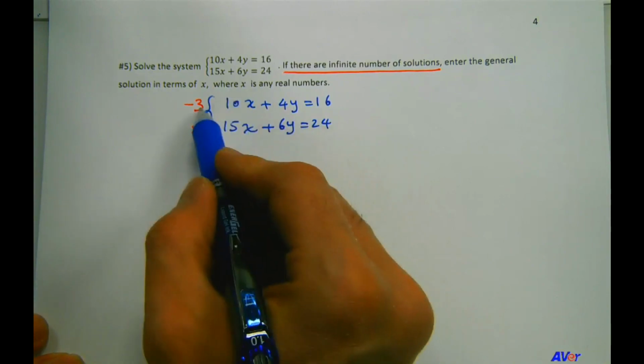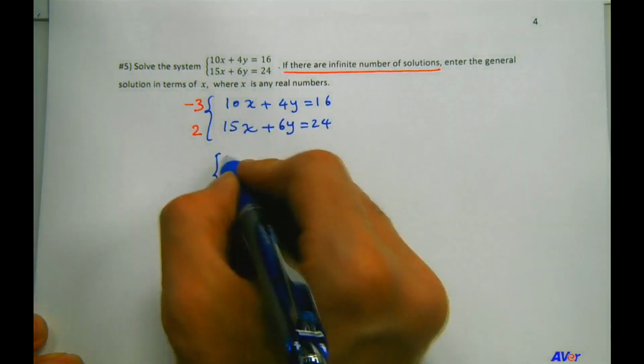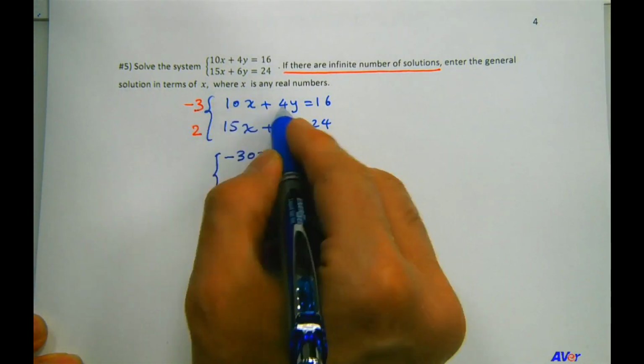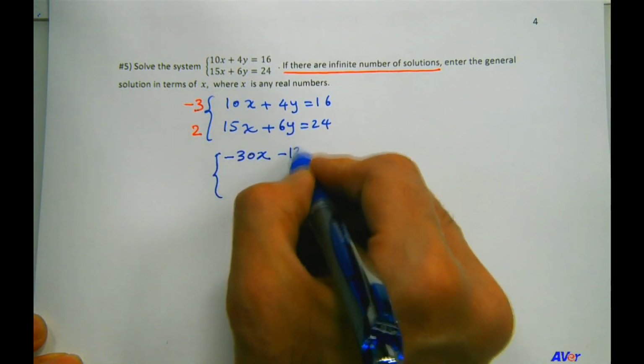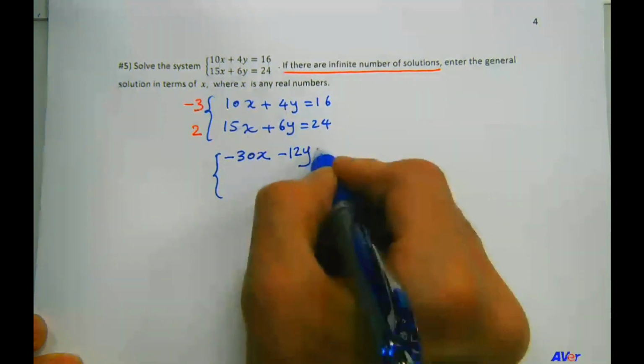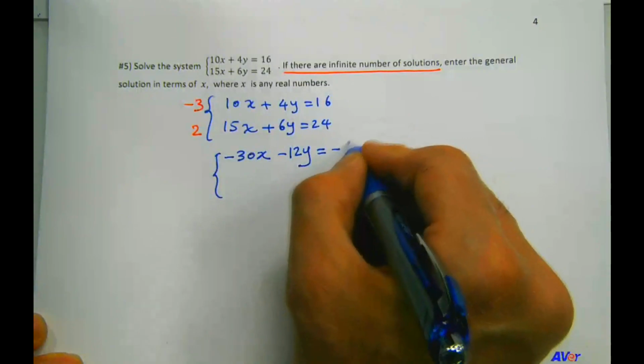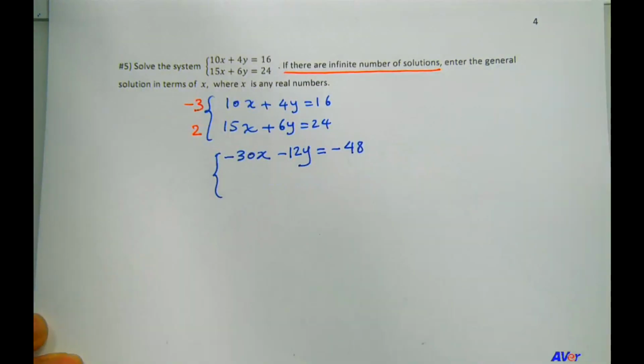Distributing the negative 3, we get negative 30x, negative 3 times 4y, negative 12y, equals minus 3 times 16, minus 48.